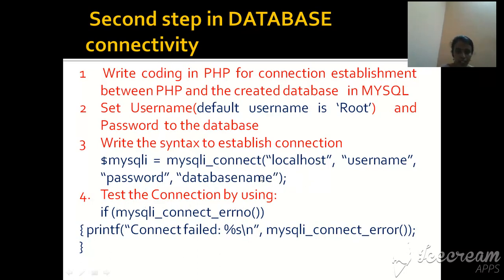Using this connection syntax, you can connect your PHP with the MySQL database. For example, if you have created a student database, you have to give the name as student database. Like this you can connect, and if you find any error in your connection, you can give this code, that is error number. The output will be that the connection failed, and the error number will be generated.